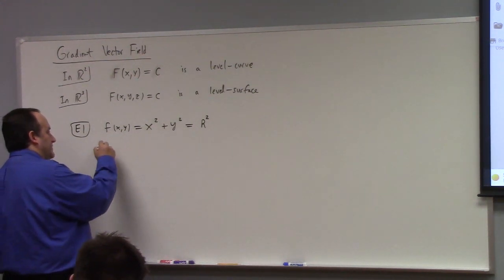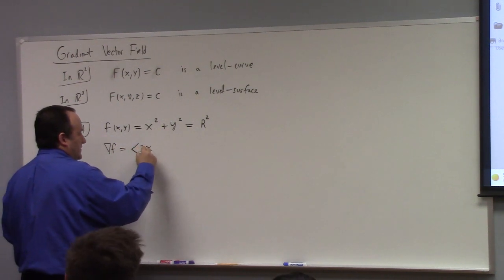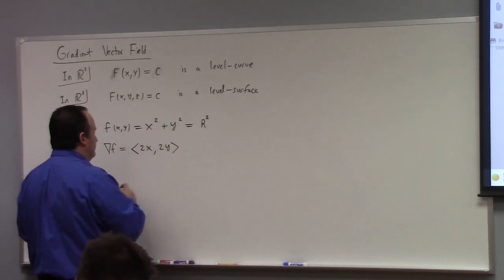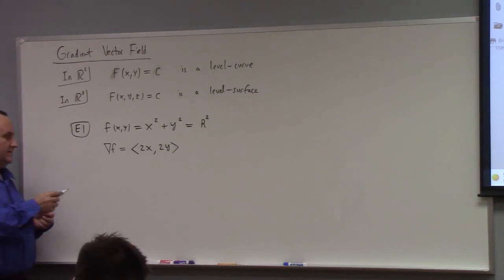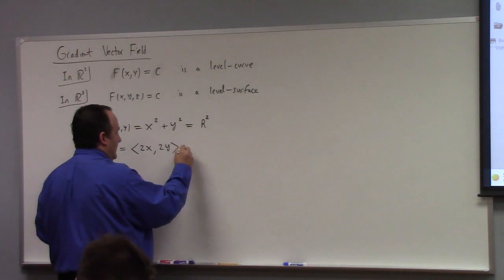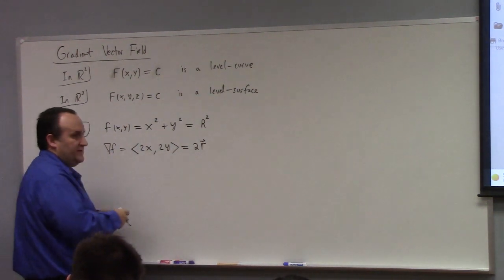And what's the gradient of this? What's nabla f? Well, it's 2x, 2y, right? That's the gradient. We can picture this, can't we? In other words, the gradient is basically twice the vector out from the origin.